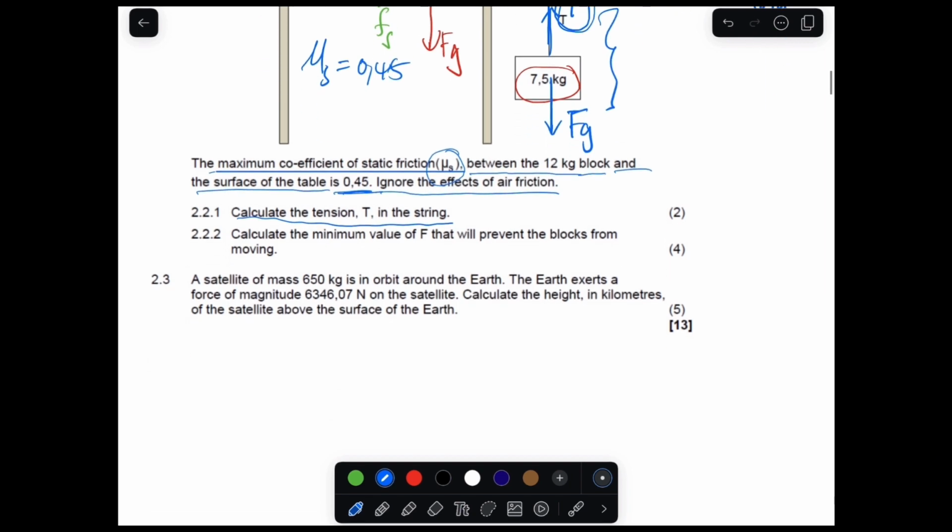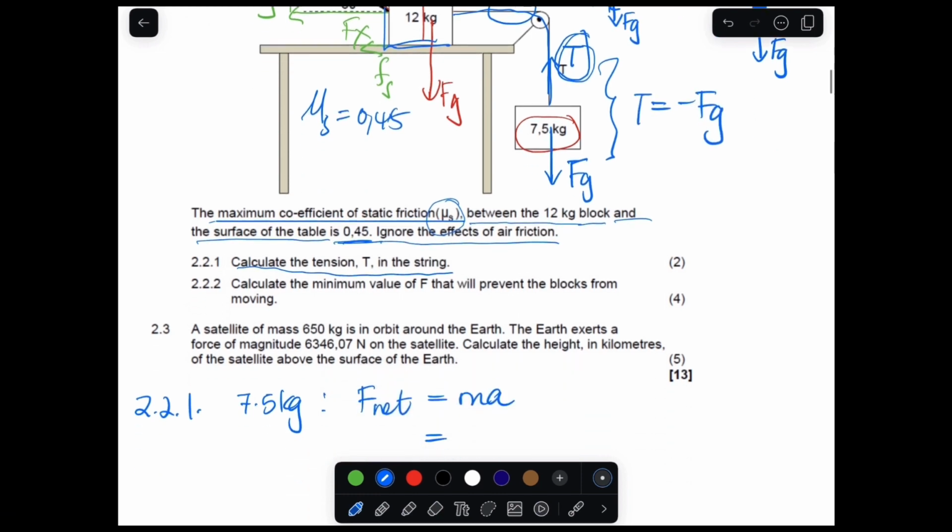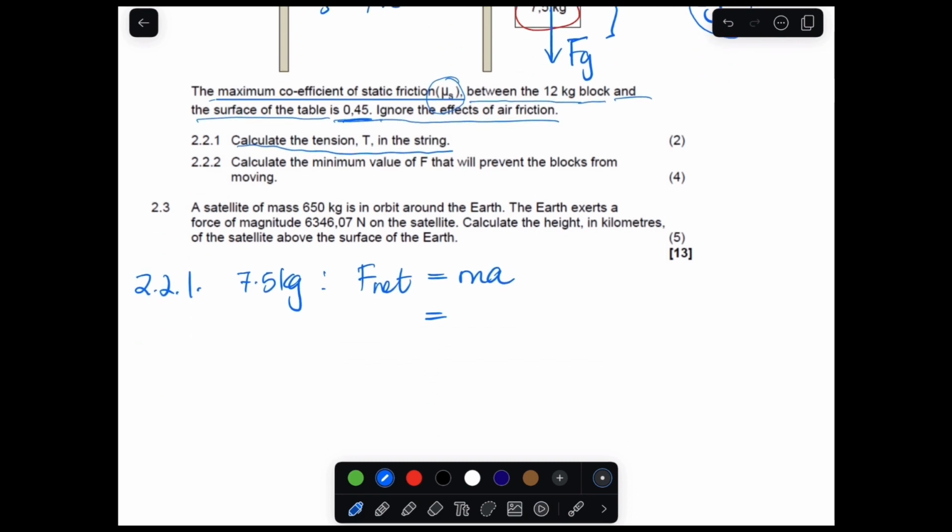Let's say 2.2.1. We'll use the 7.5 kg. I'm labeling it, it's very important. We'll say F net is equal to MA. Remember guys, I said this tension force is equal to the gravitational force. So calculating the gravitational force will give me the tension force. Since our acceleration is 0 because the object is at rest, this side will be 0.